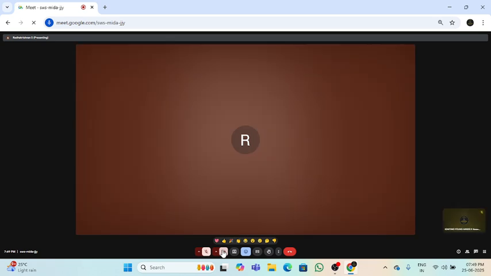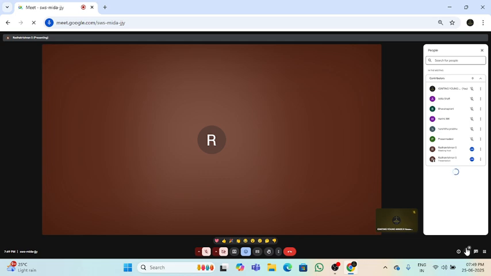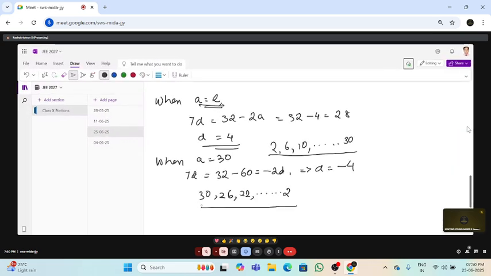So the other series is 30, 26, 22, and so on. This will reach up to 2. So you can see that these two series are the same. One is written in the opposite manner. Instead of 2 to 30 or 30 to 2, both are valid answers.